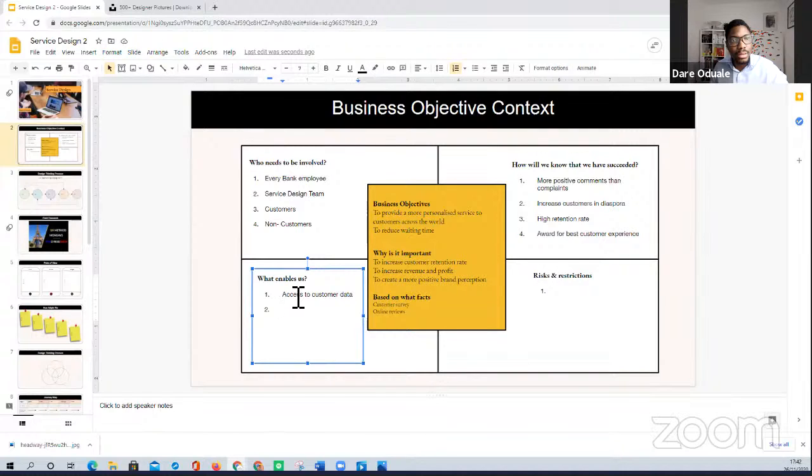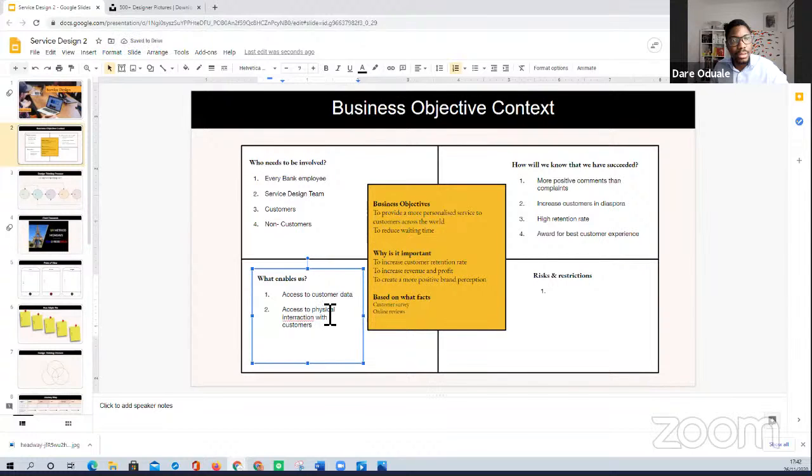What else do we need? We need access to interacting with them, because when we get the data, we can interact with them physically if we want to. So let's just include that anyway: access to physical interaction with customers. This is something that we know we definitely have.